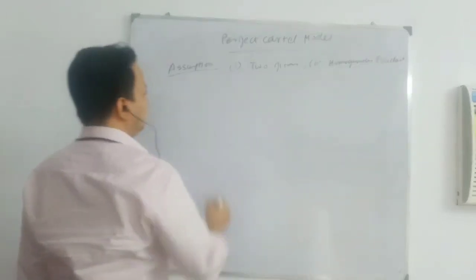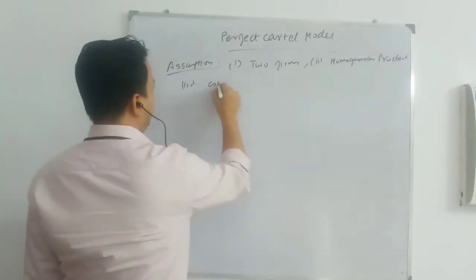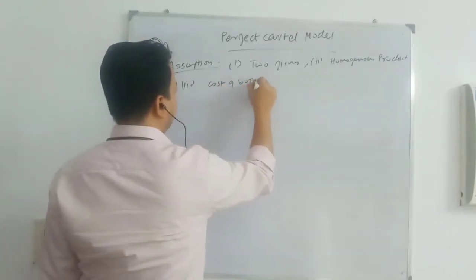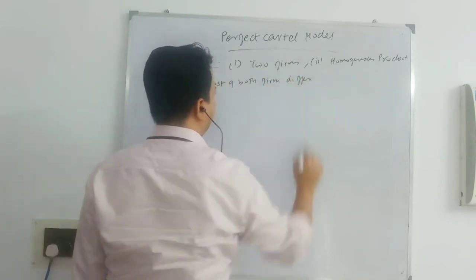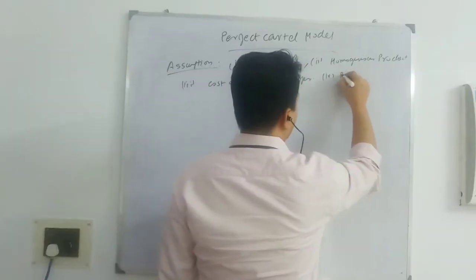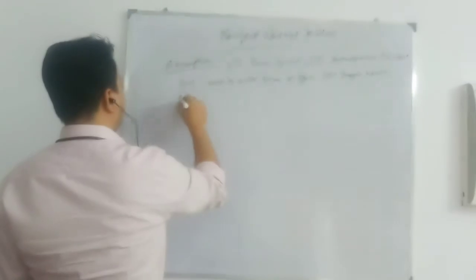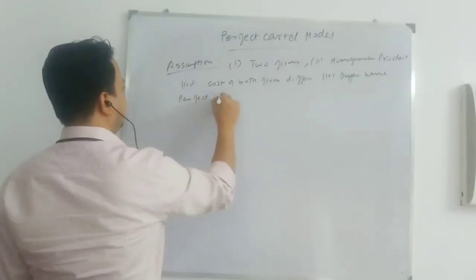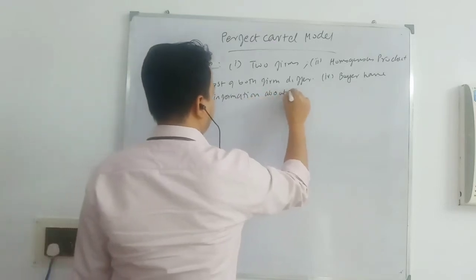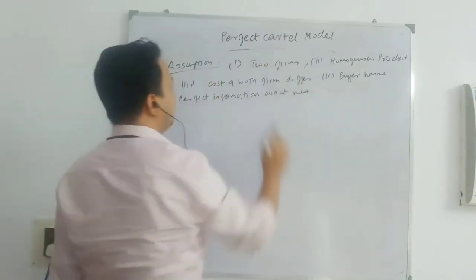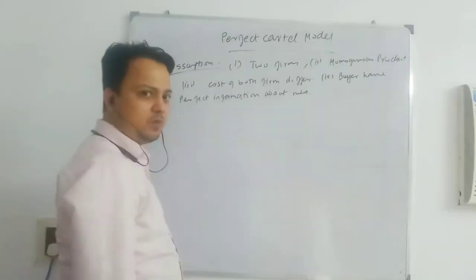The third assumption is that the costs of both firms differ. Buyers have perfect information about the market.